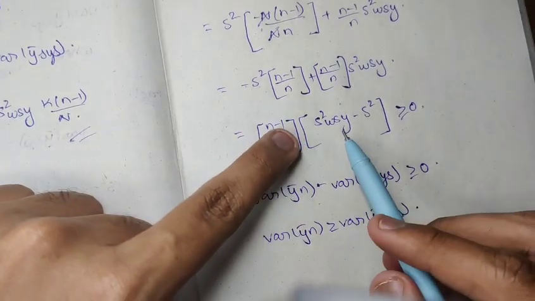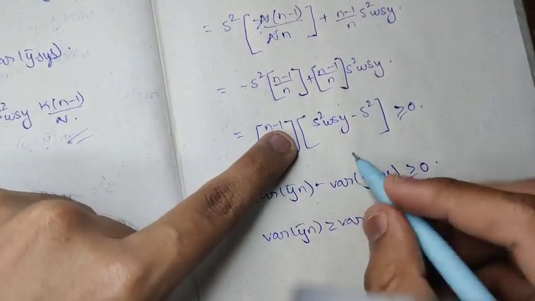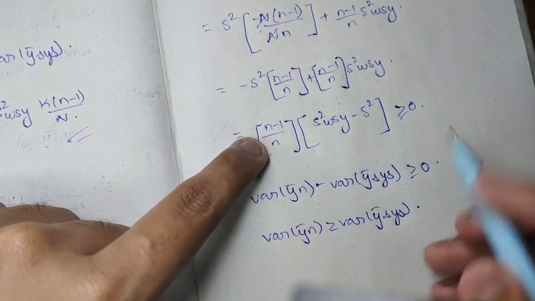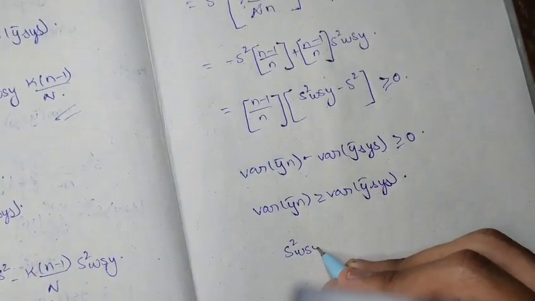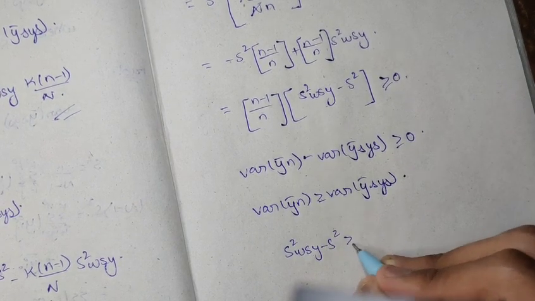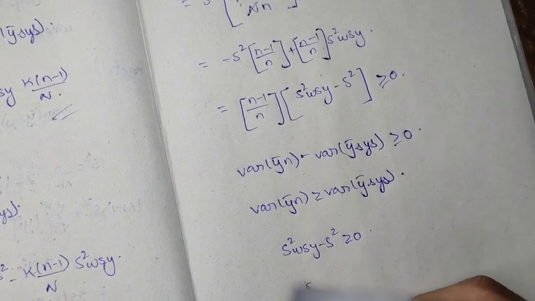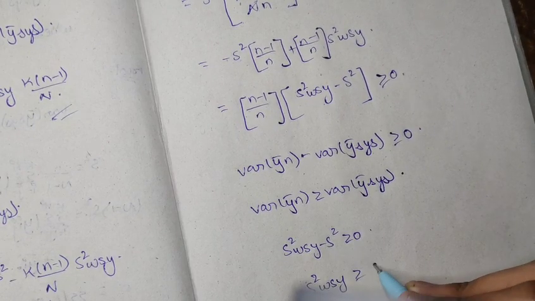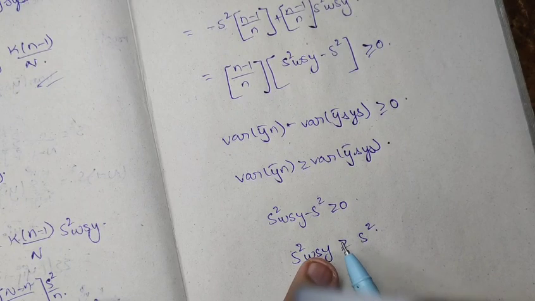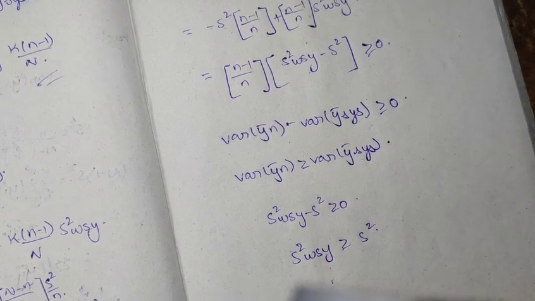Also, we can prove this one. If we send this entire term to the other side, then this would just stay as s square WSY minus s square greater than or equal to 0, and s square WSY is greater than or equal to s square. These are the two proofs required for this theorem. That's it.